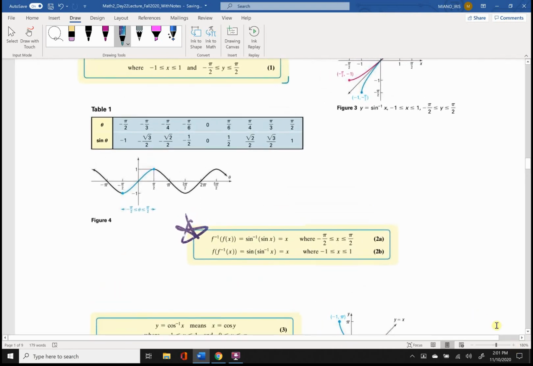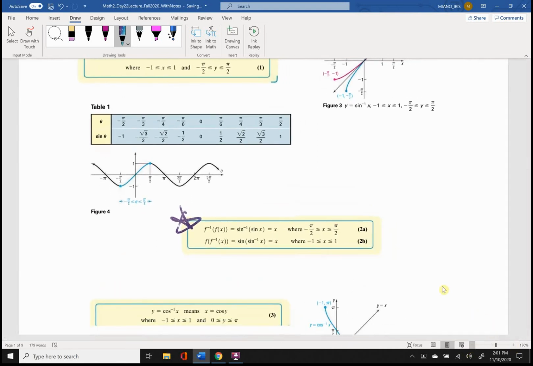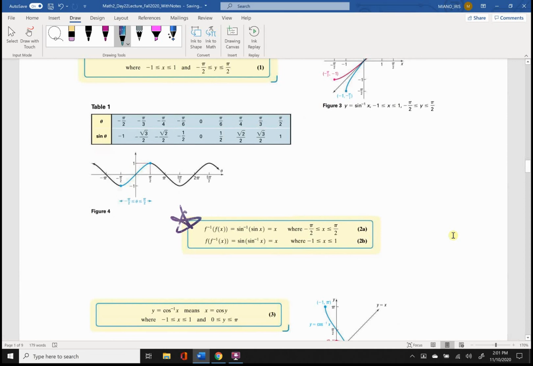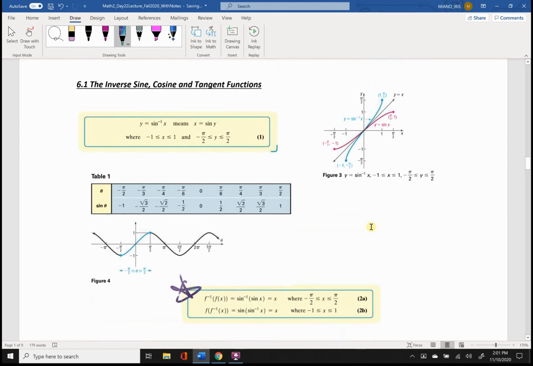And so the appropriate interval, my bad, let's do that back again. When you're referring to x inside of the sine function, it's going to be from negative pi over 2 to pi over 2. And if you're talking about x inside of the inverse sine, you're going to have to limit that from negative 1 to 1, including those endpoints, okay?